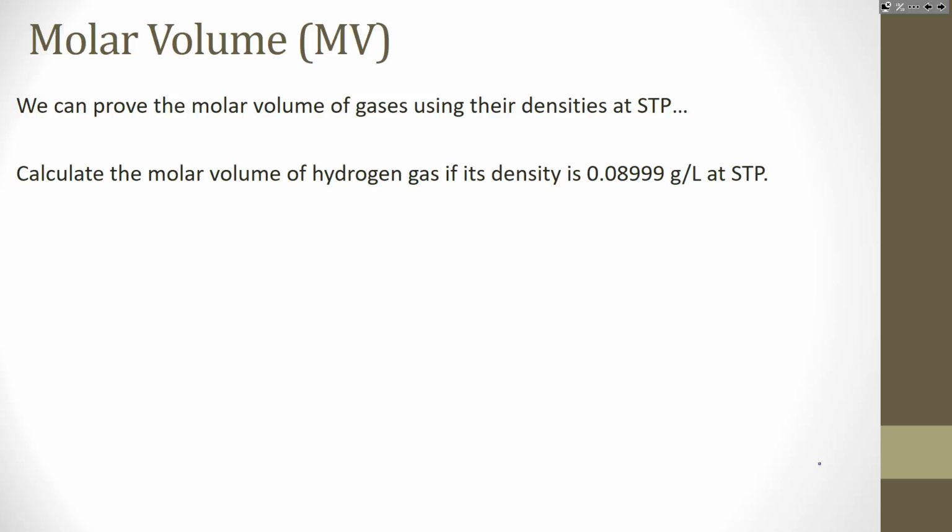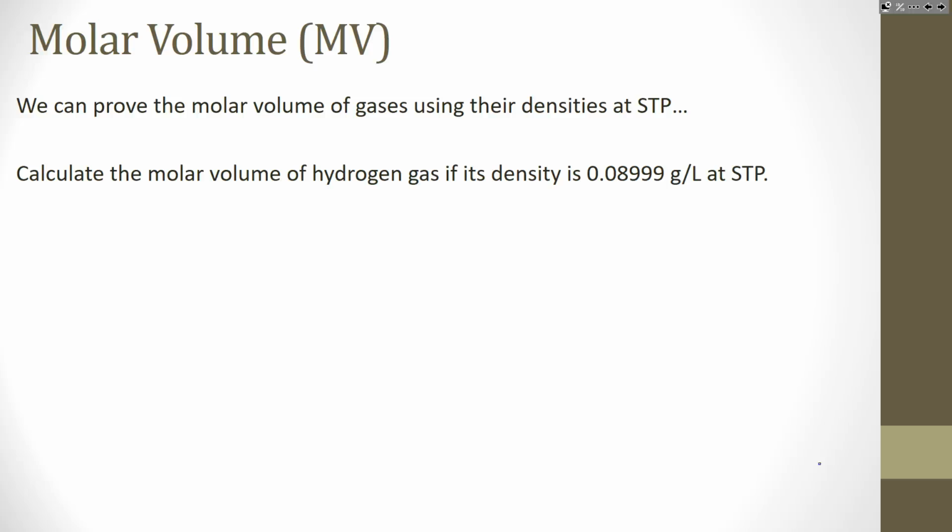Now, you can also prove molar volume. We can find the density of a gas just by weighing a certain volume of gas and then evacuating that gas and seeing what the difference is. So let's say we found out the density of hydrogen gas, and this has been determined, is 0.08999 grams per liter.